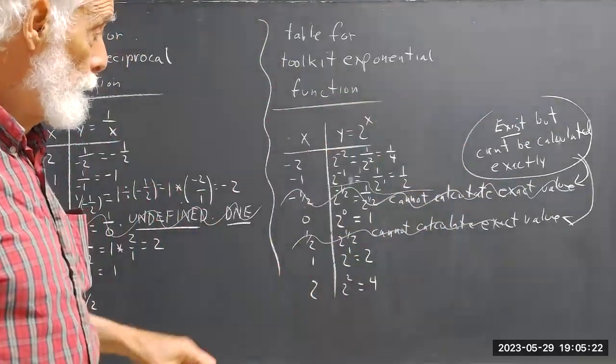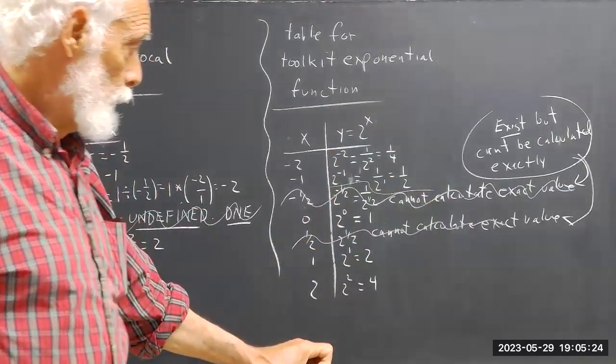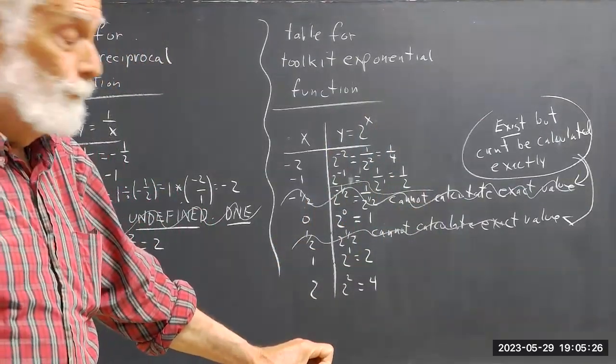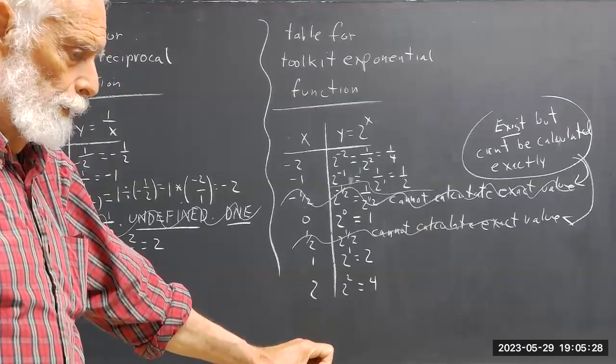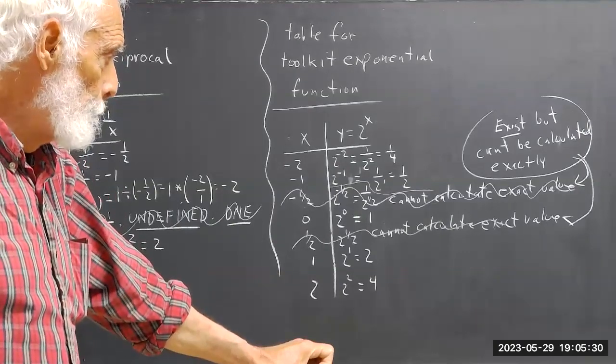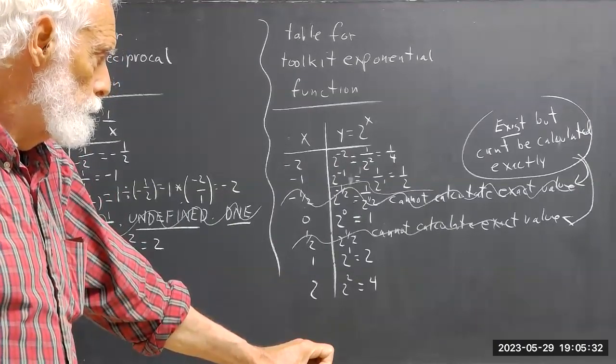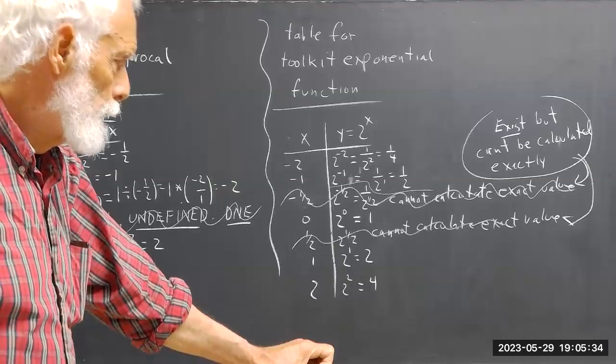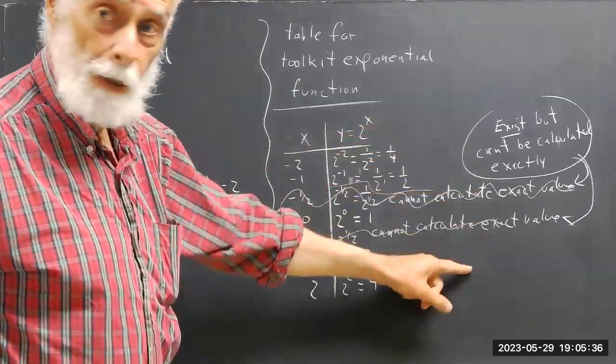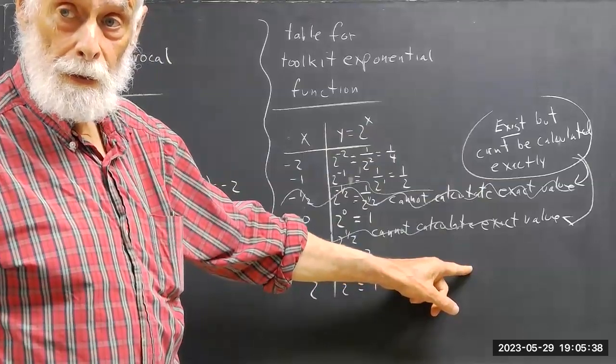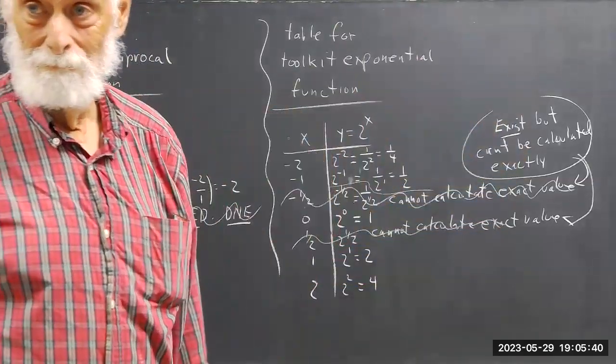You don't know enough to prove that it exists. Well, you kind of do once you get Taylor series. That's a different story. Okay. It exists, but can't be calculated exactly. So we're not going to allow you to use it. You're not going to need it.